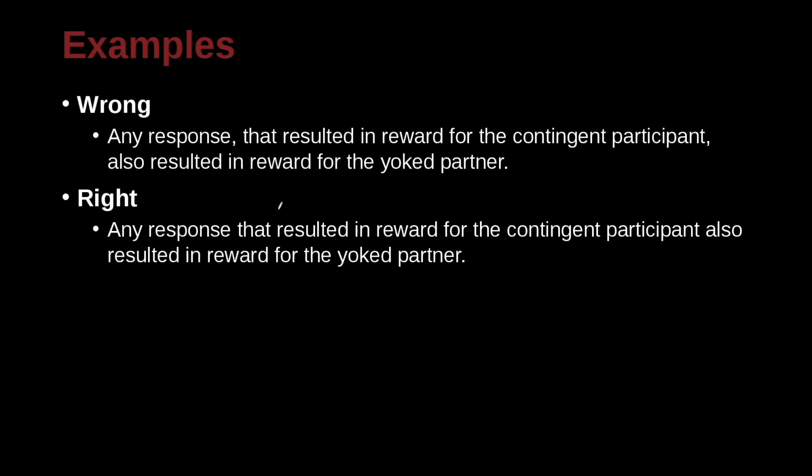Any response that resulted in reward for the contingent participant also resulted in reward for the yoked partner. And here we have the comma here: a response that resulted in a reward for the contingent participant, comma, also resulted in reward for the yoked partner.